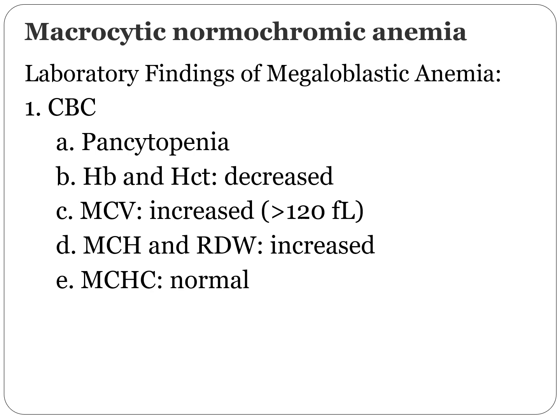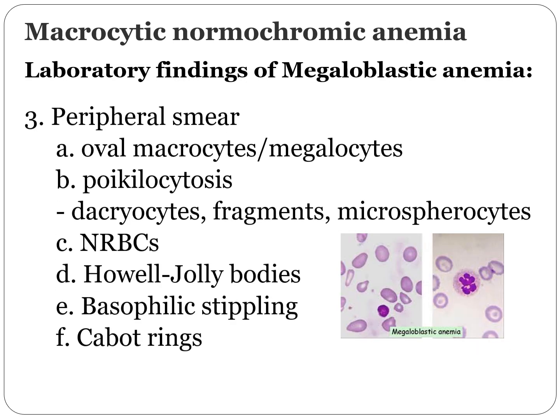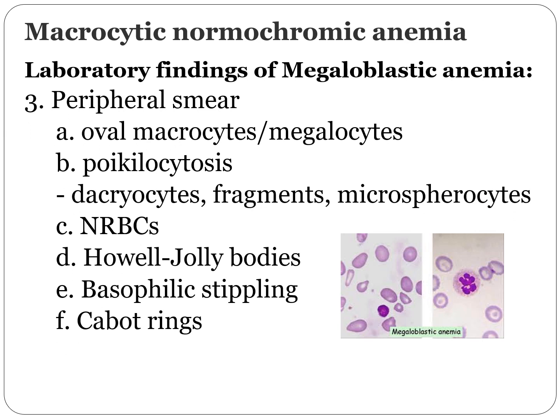So their red blood cells are very large. MCH and RDW would be increased, and a normal MCHC. Decrease in absolute reticulocyte count. Okay. So we're done with the laboratory findings.